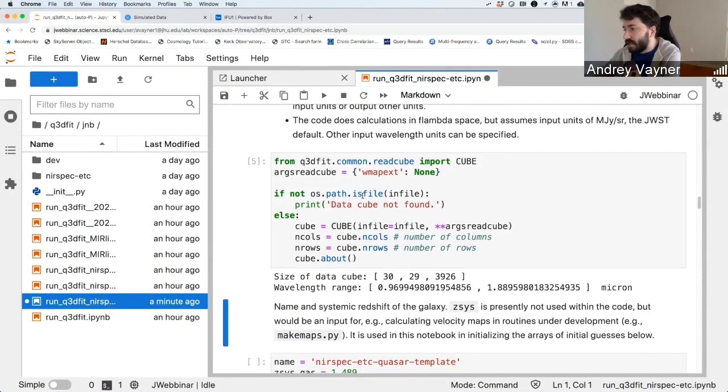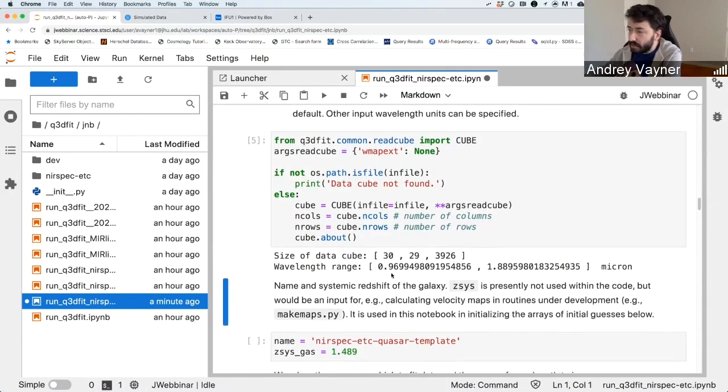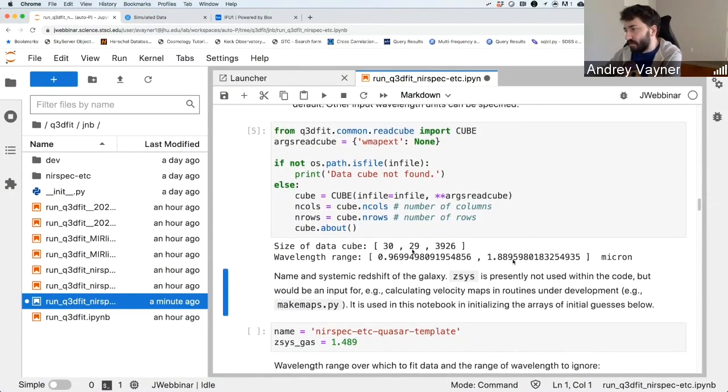And so it loads in the data cube. It spits out some information about the size of the data cube. So it's essentially 30 by 29 pixels, which is 3 by 3 arc seconds. And then there's 3926 wavelength channels. And then here it spits out the wavelength range for the data.